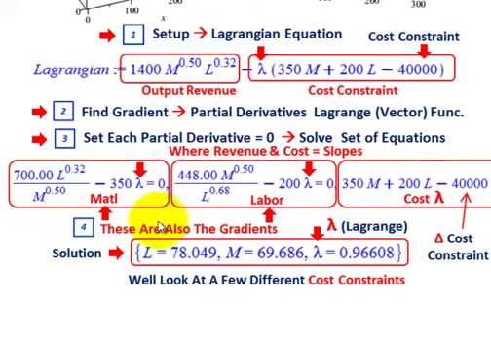So in this case, just for our example, based on our 40,000 here, we would have had a solution of labor 78.049, material 69.68 here, and then the Lagrangian, that artificial variable, came in at 0.96, or less than 1 here.